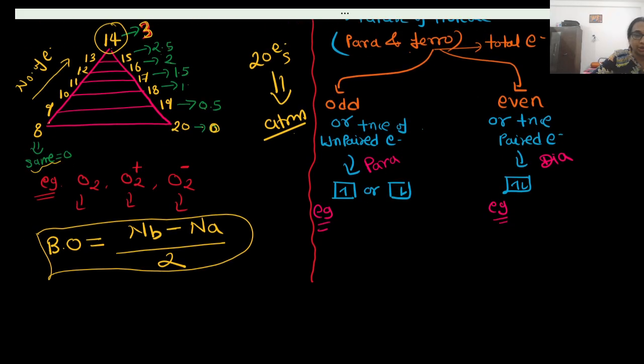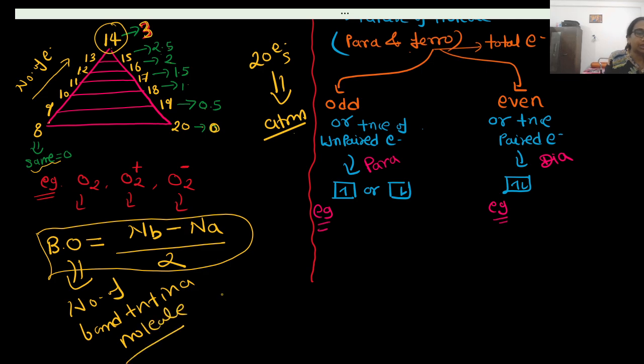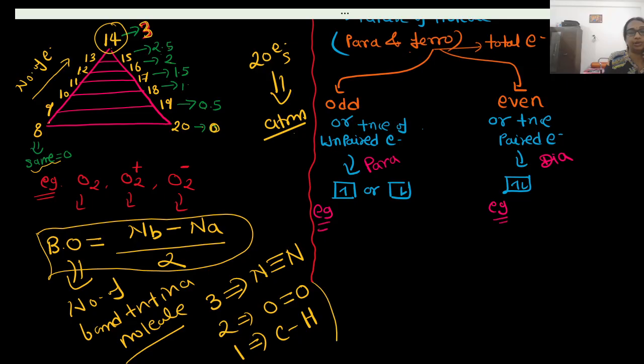It is the maximum bond order. Bond order shows the number of bonds present in a molecule or atom. In a molecule, bond order 3 means the presence of a triple bond. 2 means a double bond in a molecule. 1 means a single bond in a molecule, right?